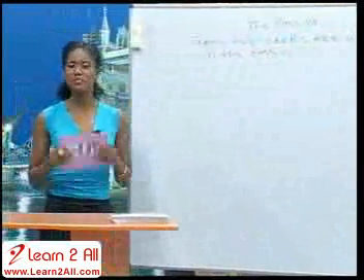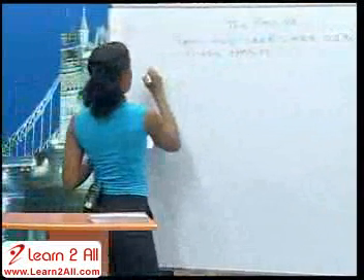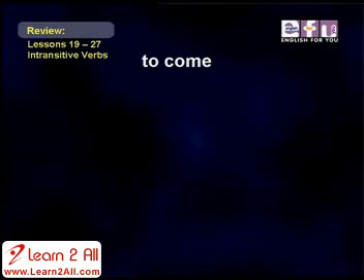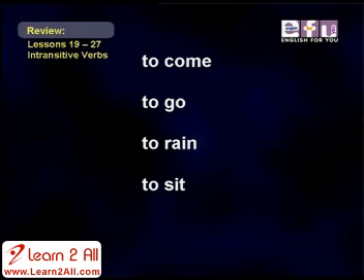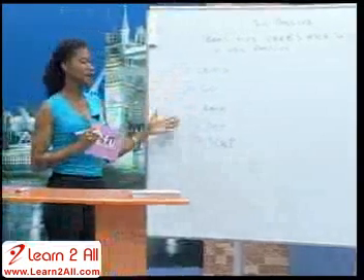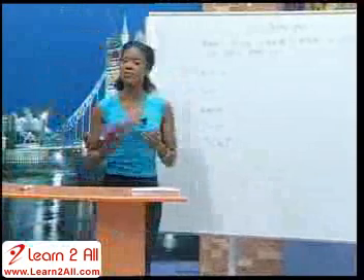These verbs cannot be used in the passive. Some examples of these intransitive verbs are to come, to go, to rain, to sit, and to sleep. Alright, now we're ready to practice.